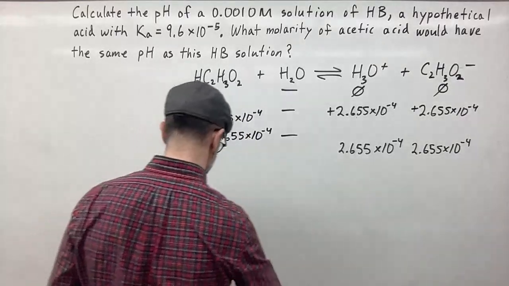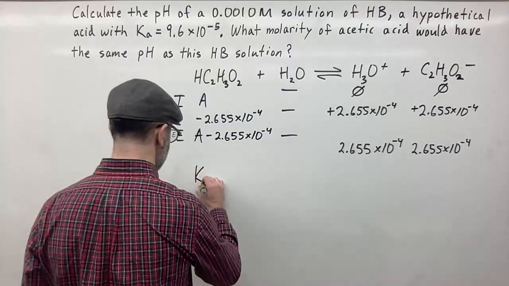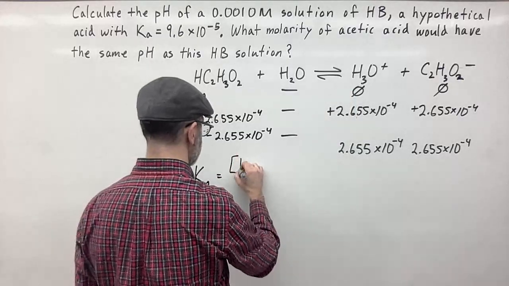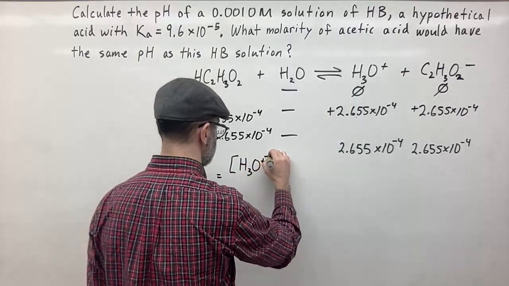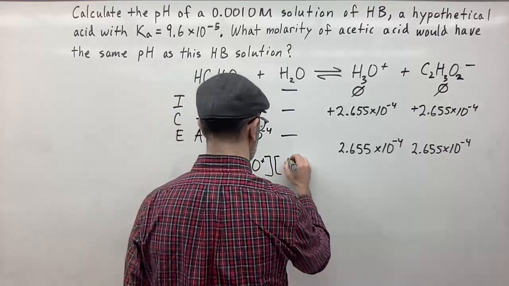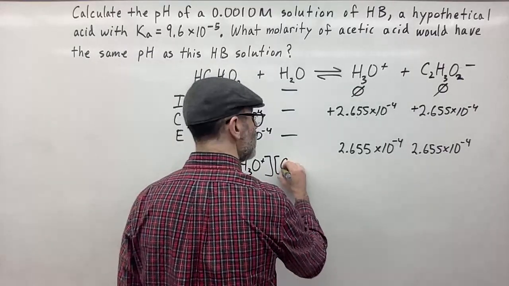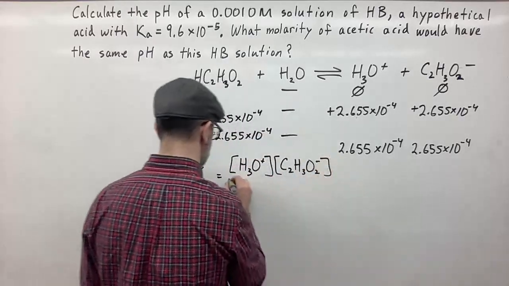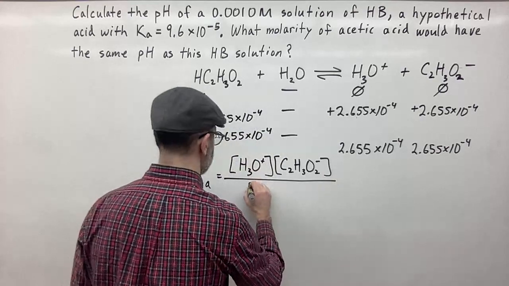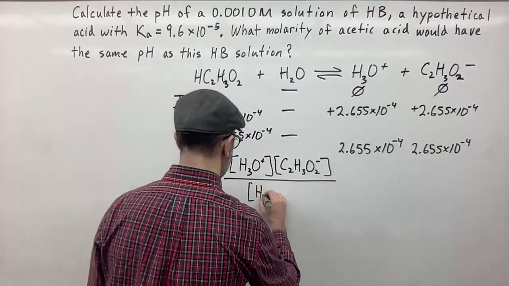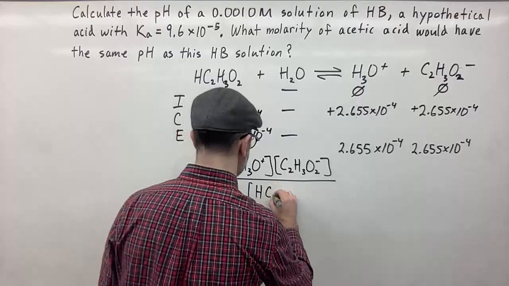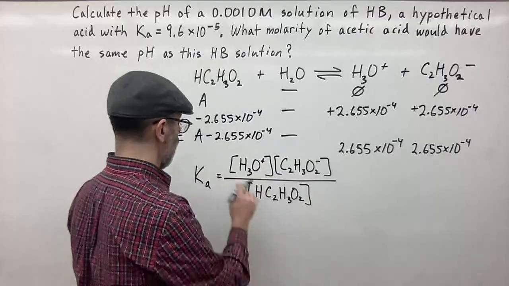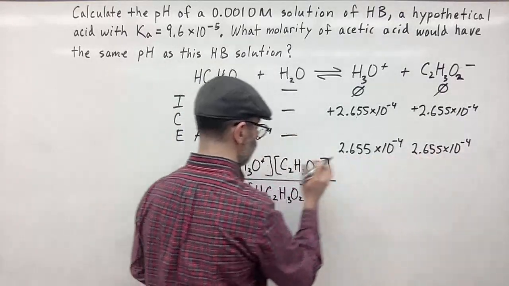And so here, the Ka expression for acetic acid is going to be, again, the concentration of H3O plus times the concentration of the acetate ion, C2H3O2 minus, divided by the concentration of acetic acid, C2H4O2.